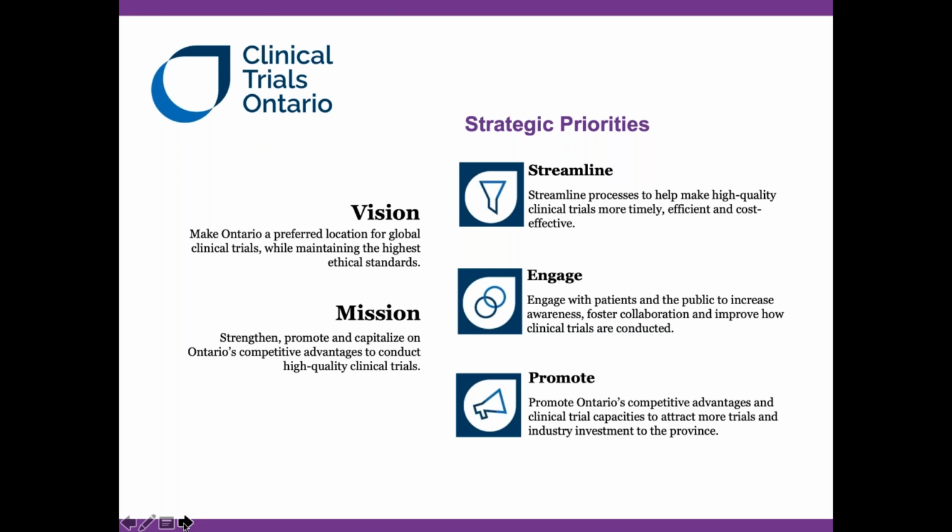We have 3 strategic priorities, which are listed here, so to help streamline the processes related to doing high-quality clinical trials, engaging patients and the public like we are today to increase awareness about trials and maybe even help you make an informed decision about participation, and lastly, promoting Ontario as a place to do clinical trials.